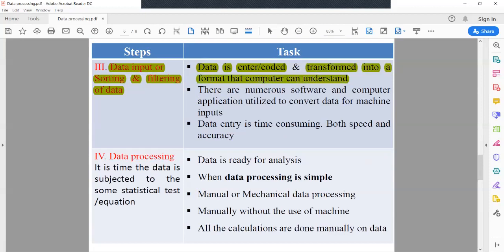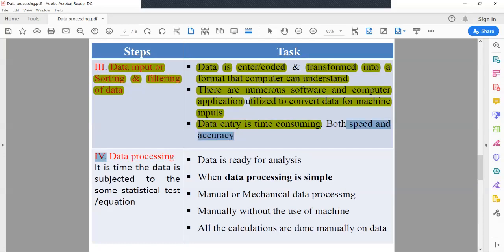The data is coded in such a way that computers can understand this information for analysis. There are numerous software and computer application programs that can be utilized to convert data for machine input. Since data entry is a time-consuming step, both speed and accuracy of data entry are very important.